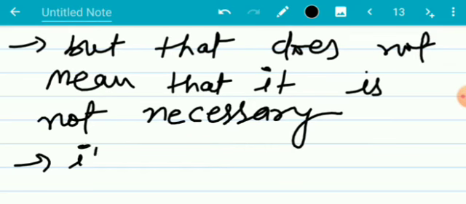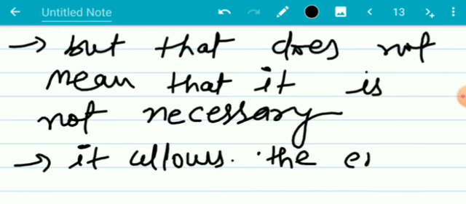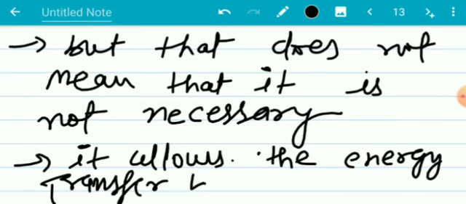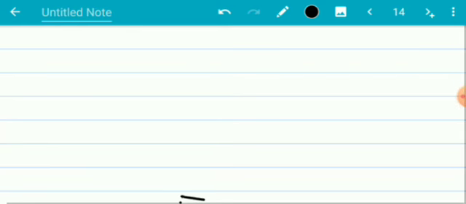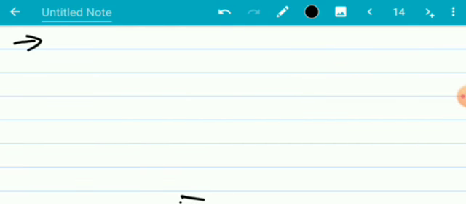it allows the energy transfer between storage elements. What it means is, as we all know, the AC load will have either the capacitor or the inductor with the resistance, or all of them together.